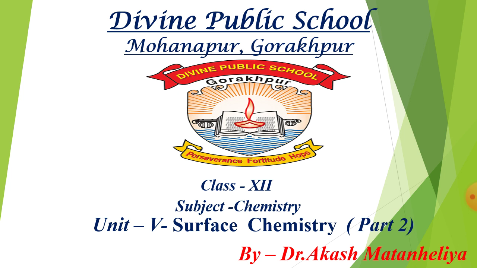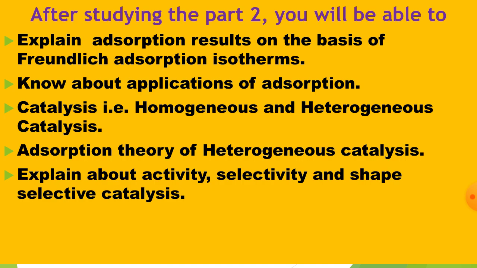So now dear students, after studying part 2, you will be able to explain adsorption results on the basis of the Freundlich adsorption isotherm. Here isotherm means same, therm means temperature.